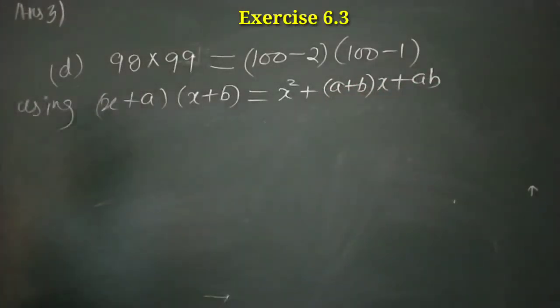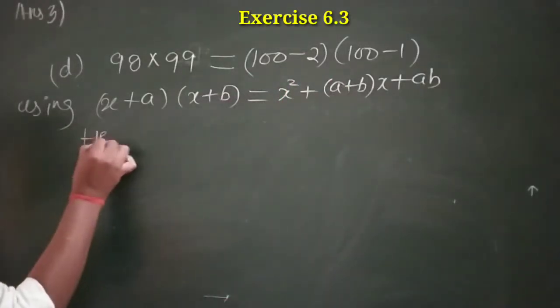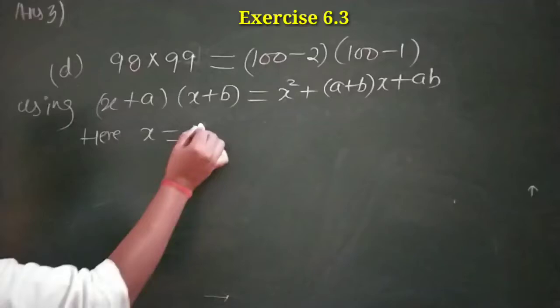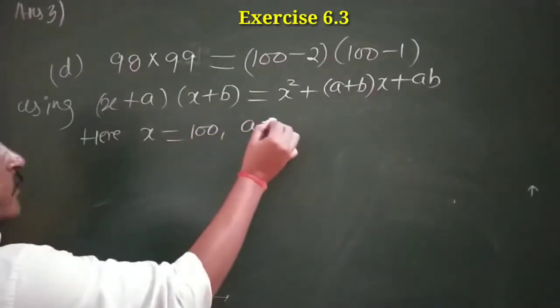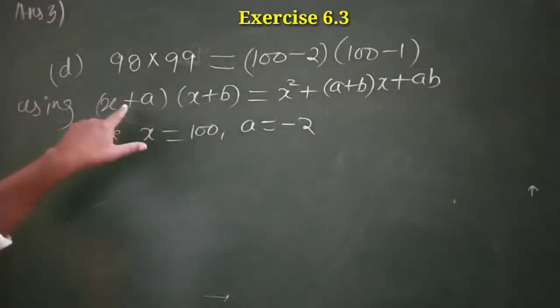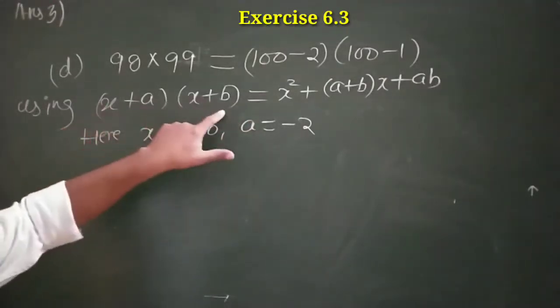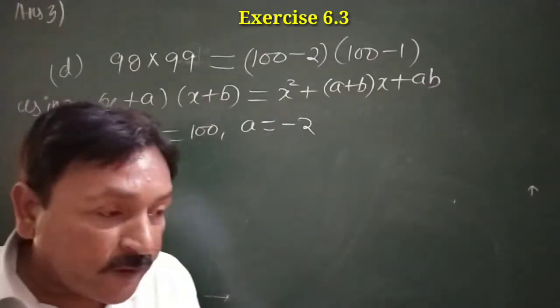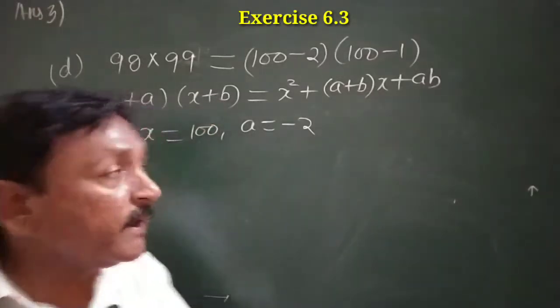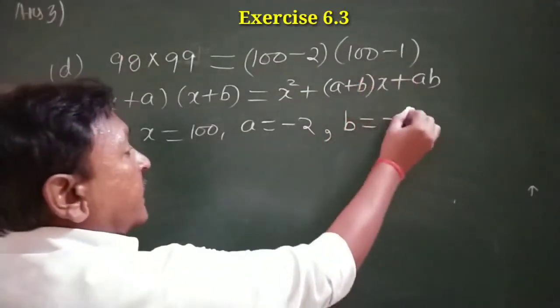Now compare these. x is equal to 100, a is equal to minus 2. In this formula you have to take the values of x, a and b with their sign. If they are positive, take them positive; if negative, take them negative. In the same way, the value of b is minus 1.